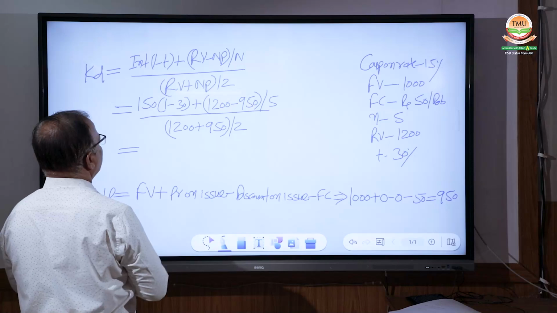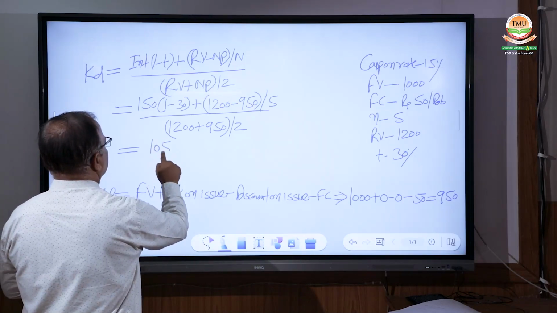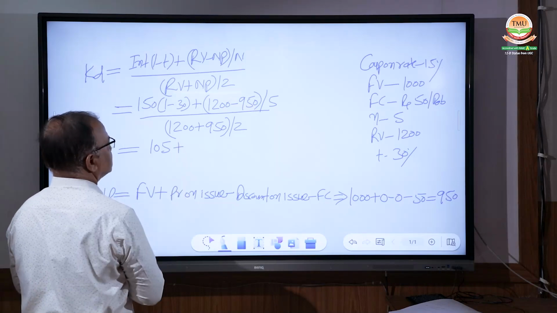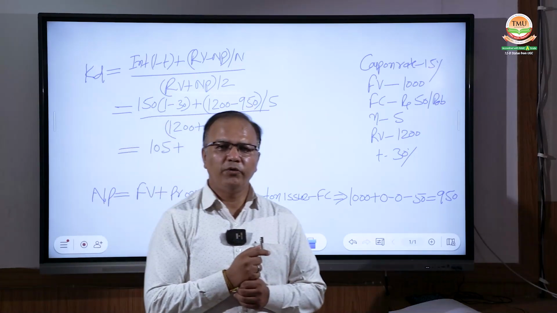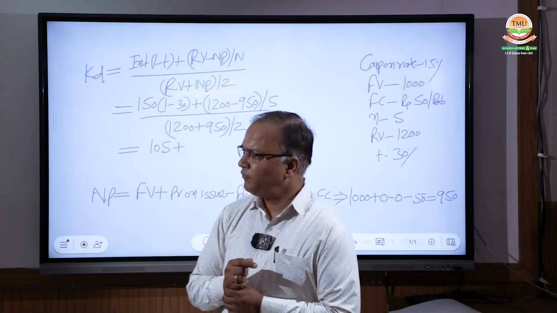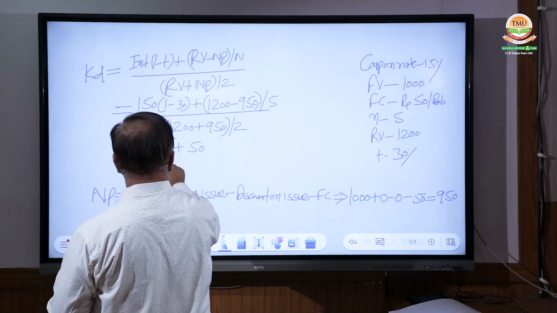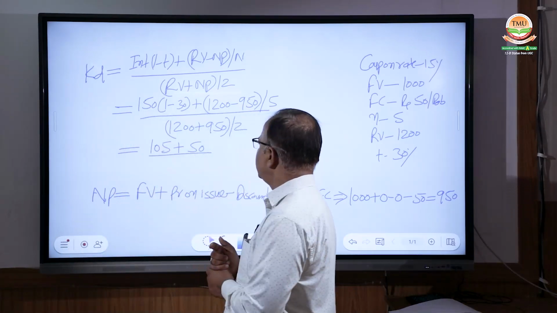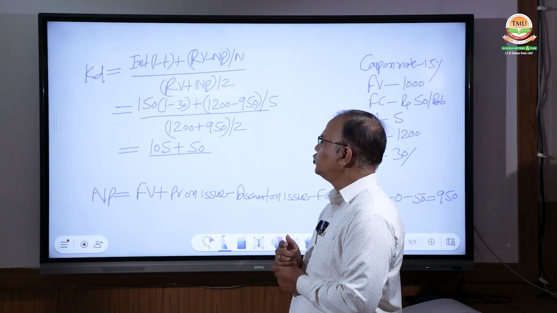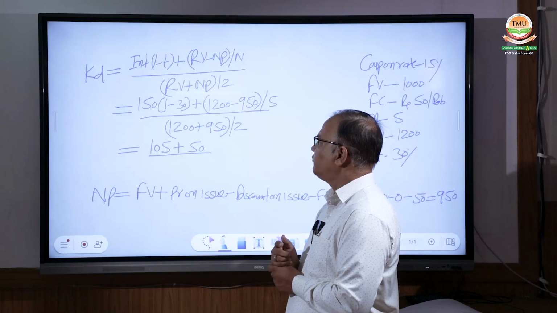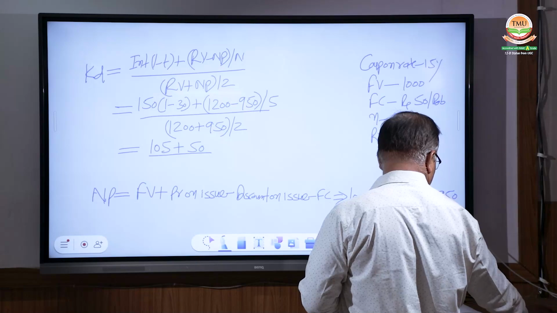This is 150 into 0.7, 105 plus 1200 minus 950 will be 250. 250 divided by 5 will be 50. 105 plus 50 divided by 1200 plus 950. It will be 2150. 2150 by 2 will be 1075.